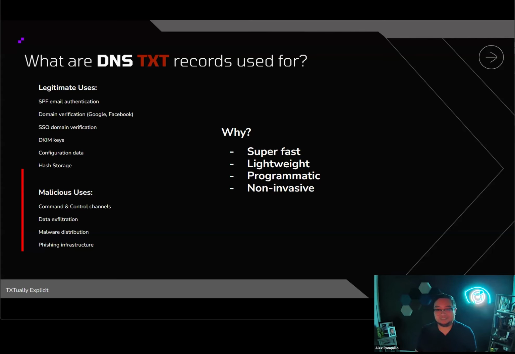The DNS itself is just so inherently fast, lightweight, distributed, non-invasive. It's typically a lot easier to add a DNS text record to a domain than it is for that same domain owner to integrate a software's API or something like that. Especially if the whole point is just to prove that the domain is theirs, right? Or maybe just authorize some sort of single sign-on federation, something like that.